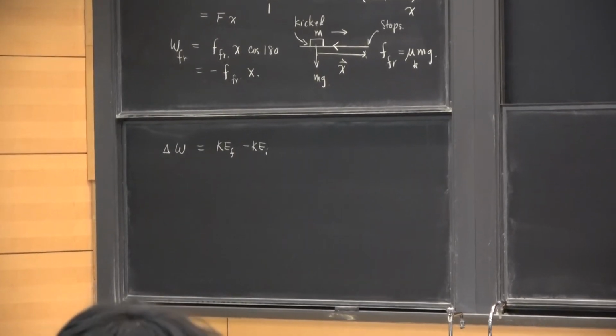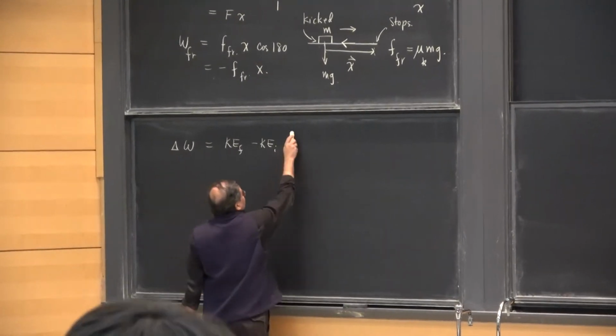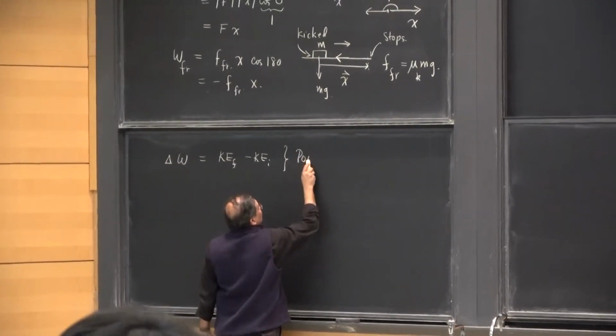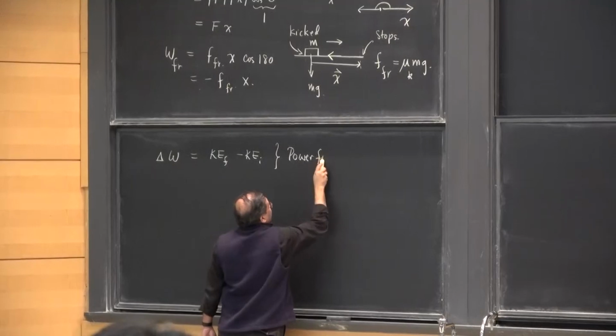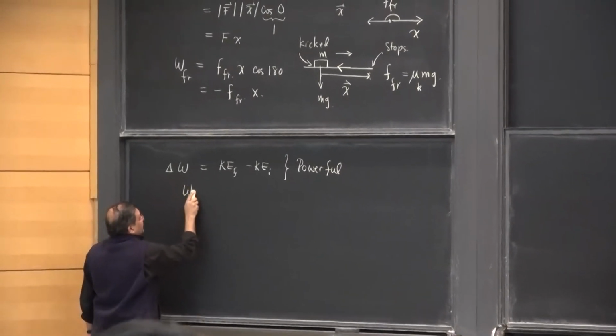Okay, so actually one of the points I was making last time is that this is a very powerful statement. Why? This is something that we called the work energy theorem.